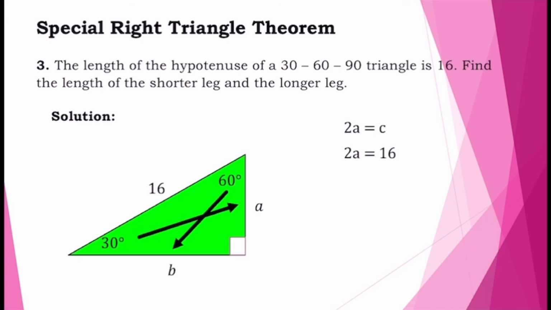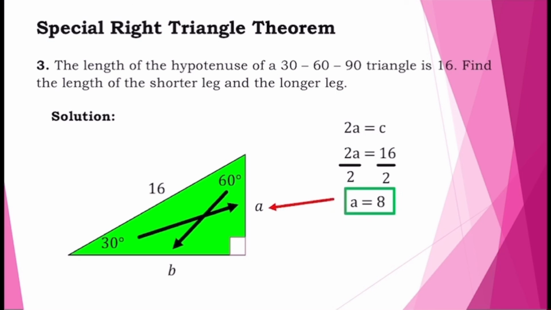After that, we apply the multiplication property of equality. We multiply both sides by 1/2. So 2A times 1/2 gives 2A over 2, and 16 times 1/2 gives 16 over 2. So 2A divided by 2 is A, and 16 divided by 2 is 8. Therefore, our shorter leg is 8.